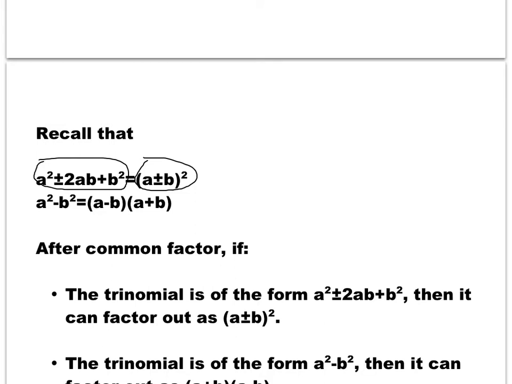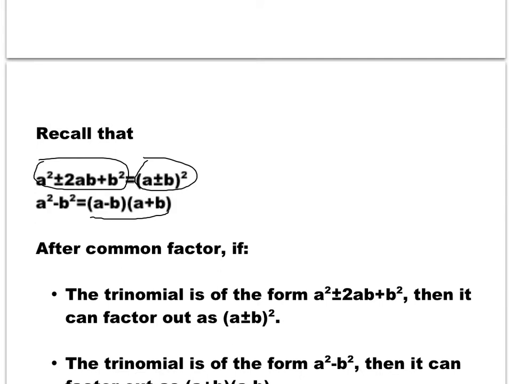And also, we said that if you find the product of a plus b and a minus b, you get a squared minus b squared. We can use this fact to factor out the difference of squares or trinomial of perfect squares.